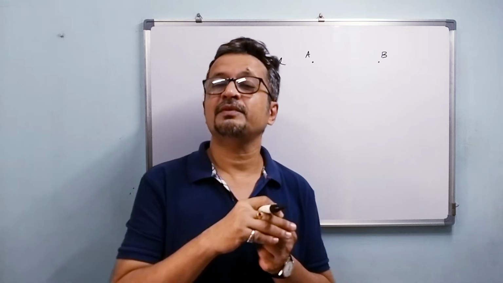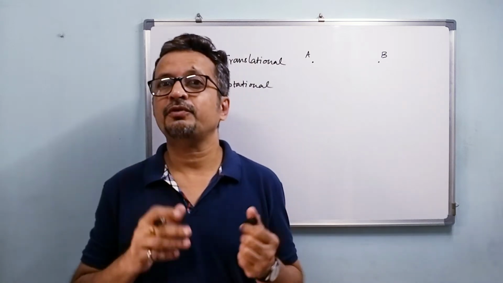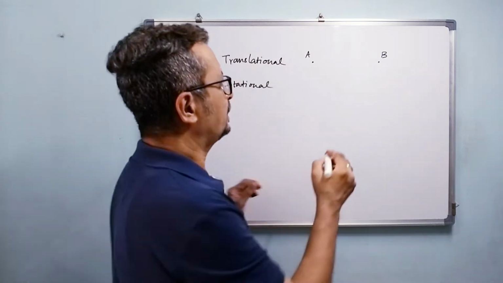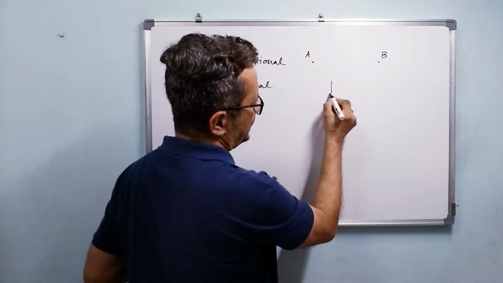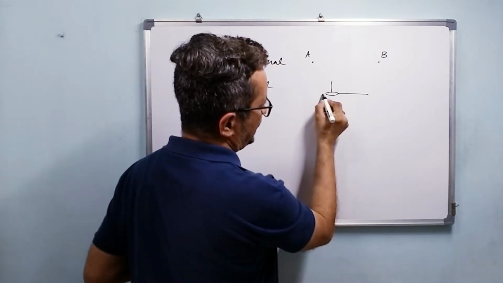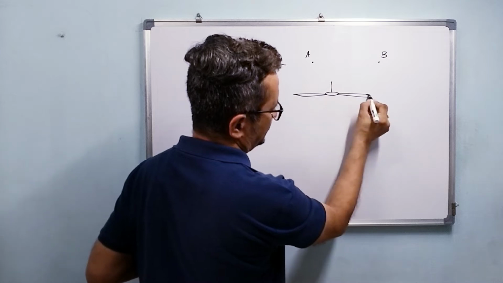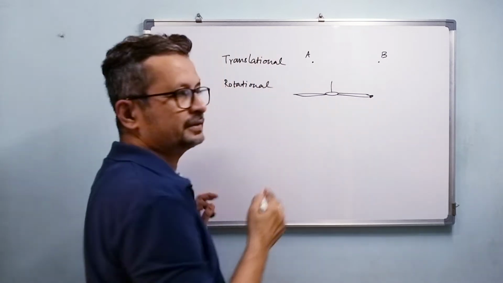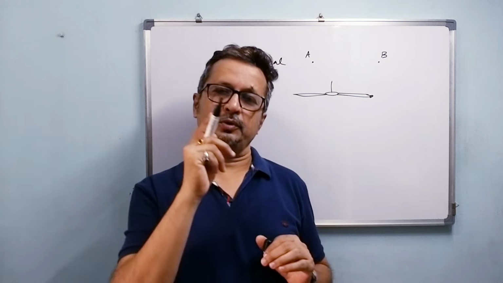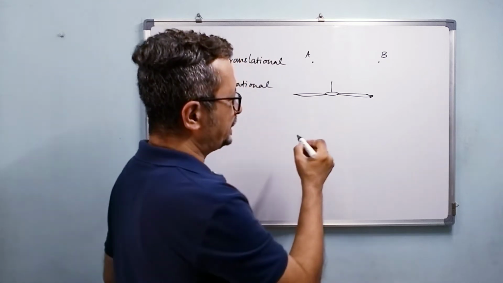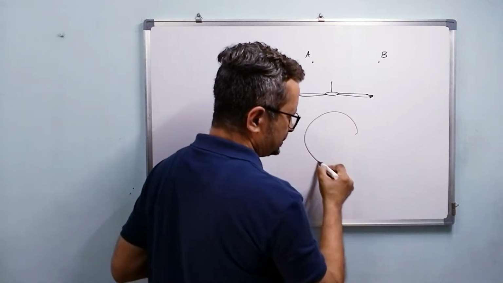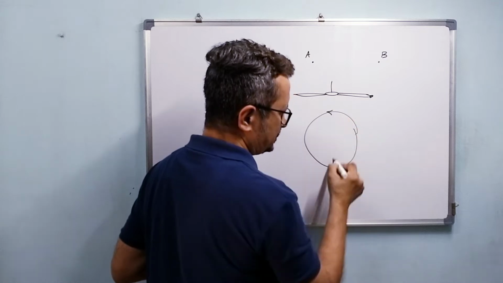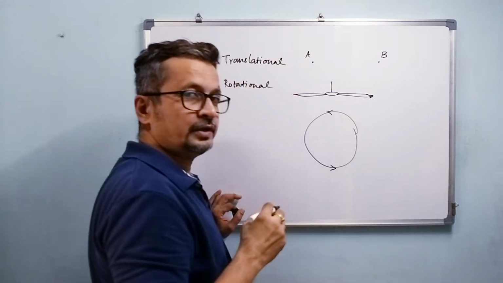But at the same time, if we see the motion of the tip of a blade of the fan, this is the ceiling fan, and we have these blades here, and the tip of the blade, if you look from below, would move something like this in this direction. The tip of the blade would move like that.